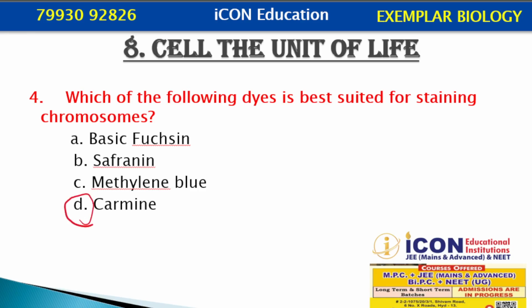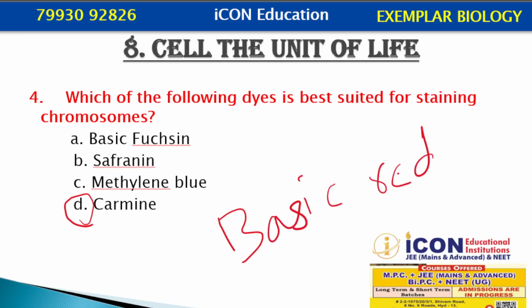Carmine is used for staining chromosome. Carmine is basically a basic red dye, which is extracted from the cochineal insect. Okay.